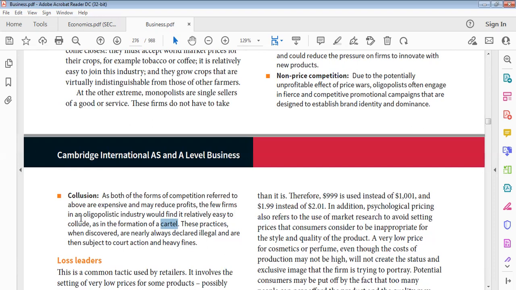You say, people cannot choose any product other than our 4 companies' products. So let's make a deal that none of us will sell the product below $100. The price will be fixed at $100. So that is a cartel.